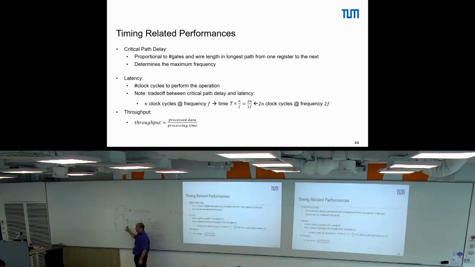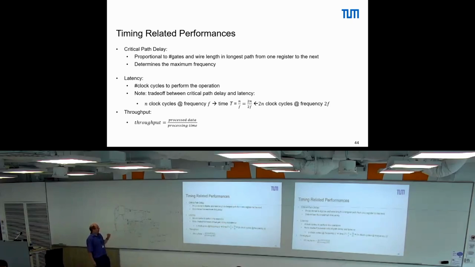So adding here this register, how does this change the latency? Latency we defined here as the number of clock cycles to perform an operation. So the logic operation before adding these black registers was 1 clock cycle, right? After adding it, the same operation takes 2 clock cycles. So latency increases.